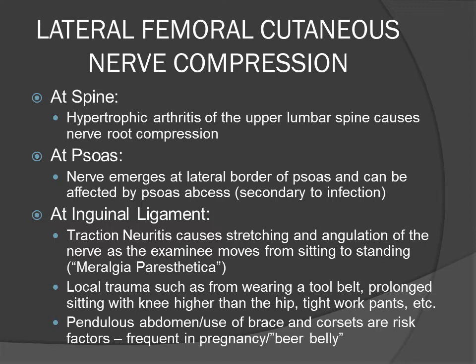These factors can cause local trauma and compression of the nerve as it peeks out from underneath the inguinal ligament. Also, pendulous abdomen, or the use of a brace, or a corset, or anything that causes compression and or traction down across the lower part of the abdomen are risk factors.